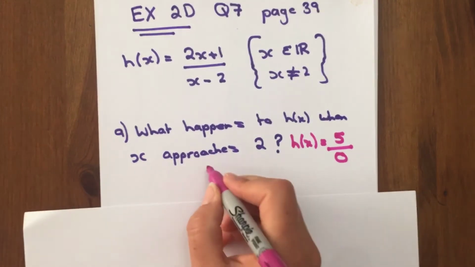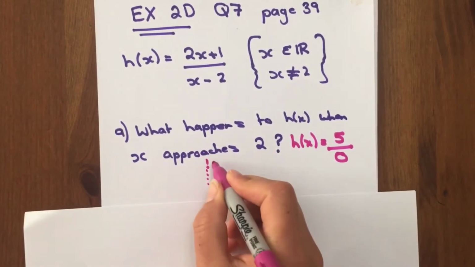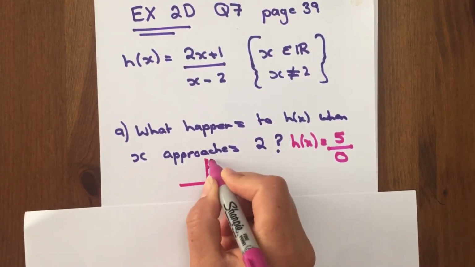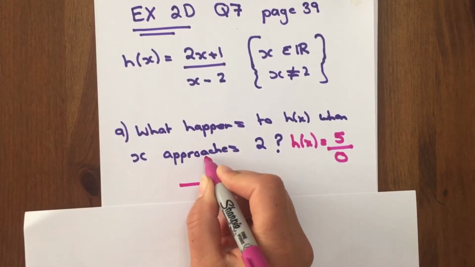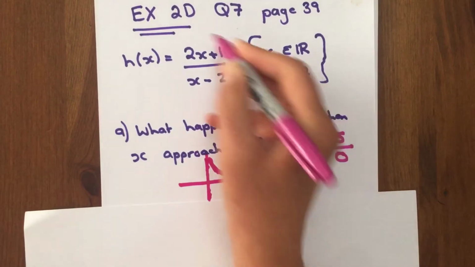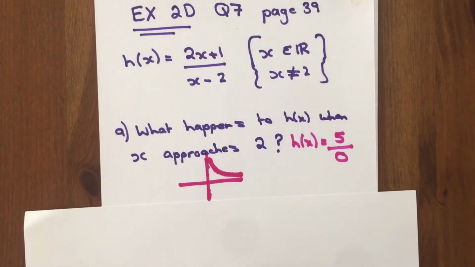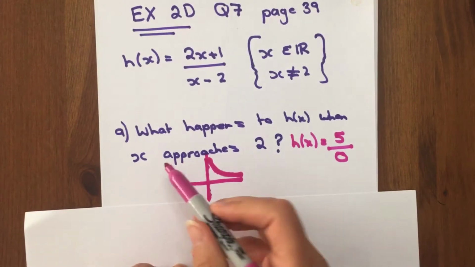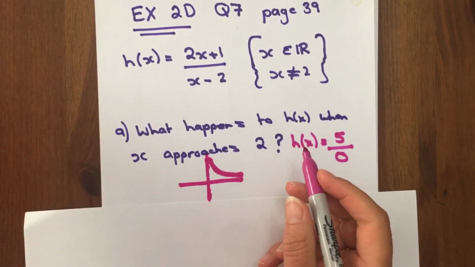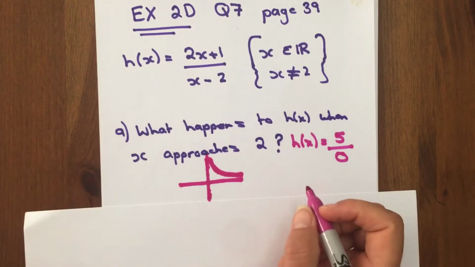Remember, an asymptote is that dotted line where, so for example, if I just give you an example of an asymptote, if you have something like this, where this line and this line will be asymptotes. Okay, we're going to look at what this graph looks like in a second. So as x approaches 2, h of x approaches infinity, i.e. it's undefined.